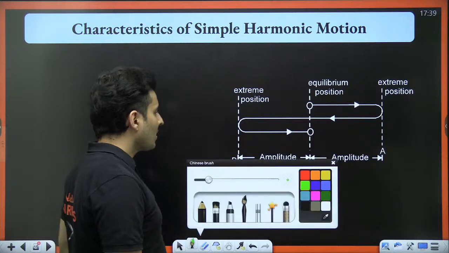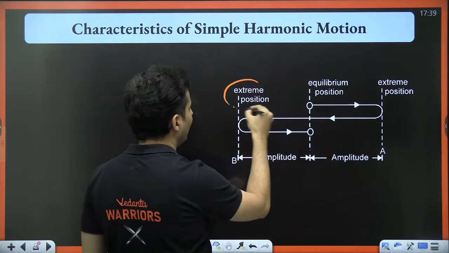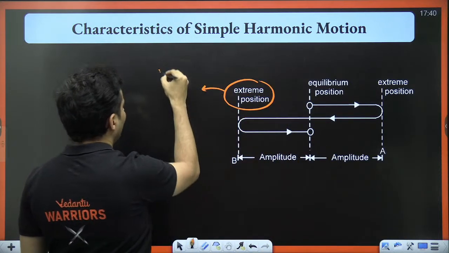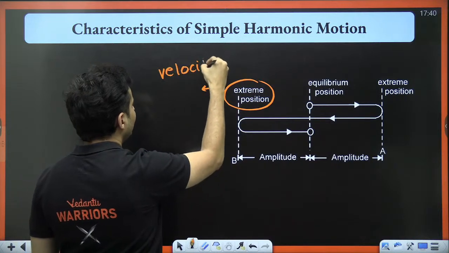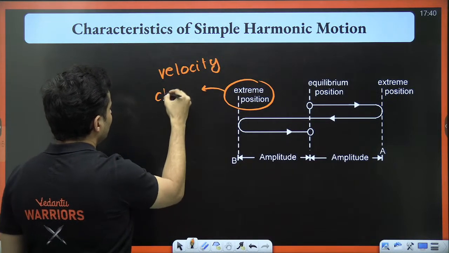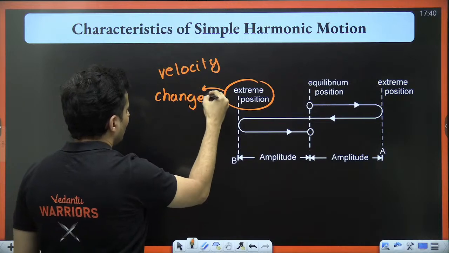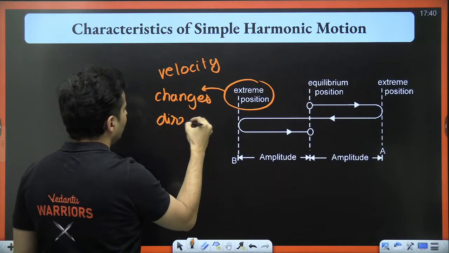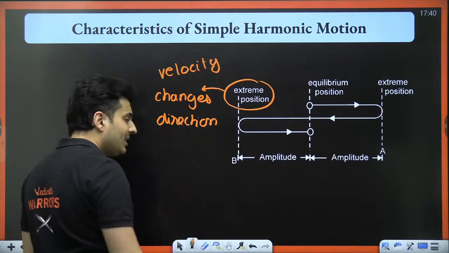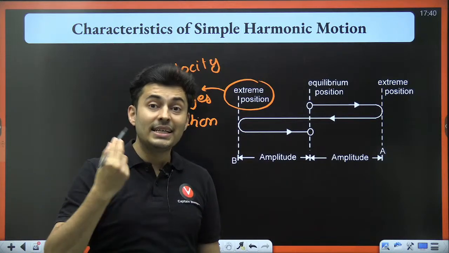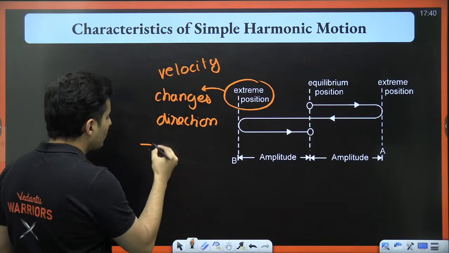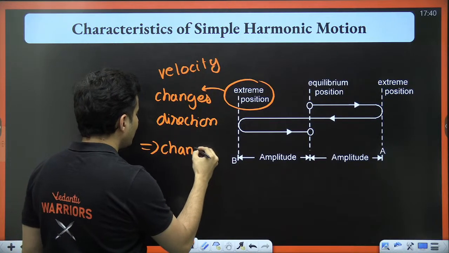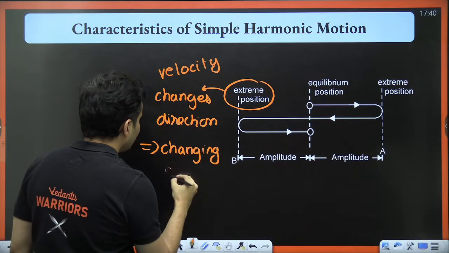At extreme positions, the velocity changes direction. Not just that, because velocity is changing direction, it is also changing sign.